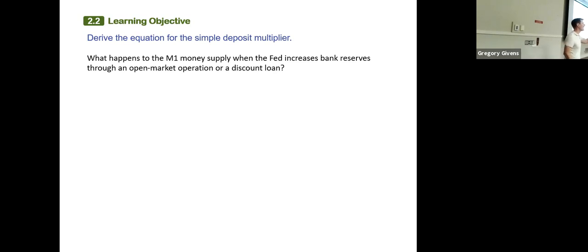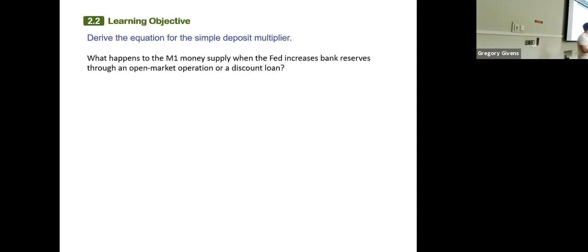How does that action spill over into the rest of the banking sector and therefore affect the total supply of money? Remember how we measure money. The cleanest way to think about money is with the M1 monetary aggregate. It's currency in circulation plus all of those checkable deposits that we hold.